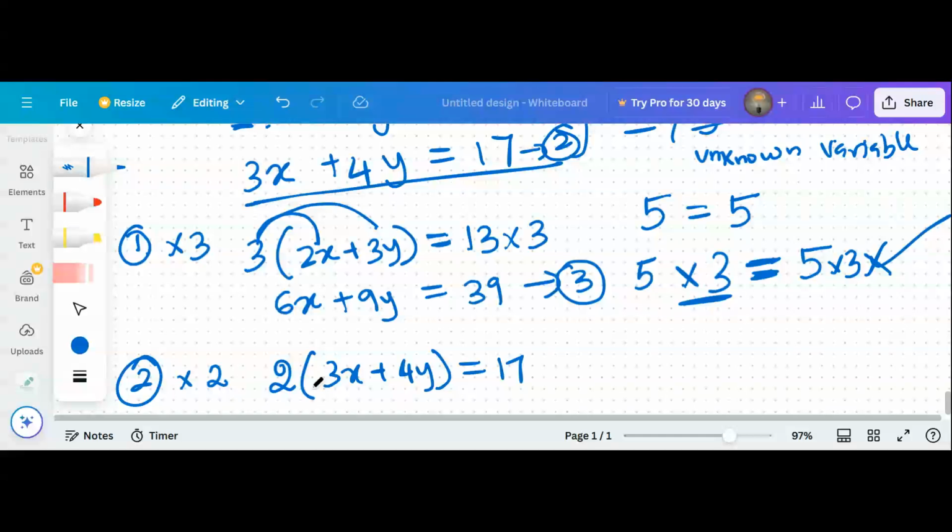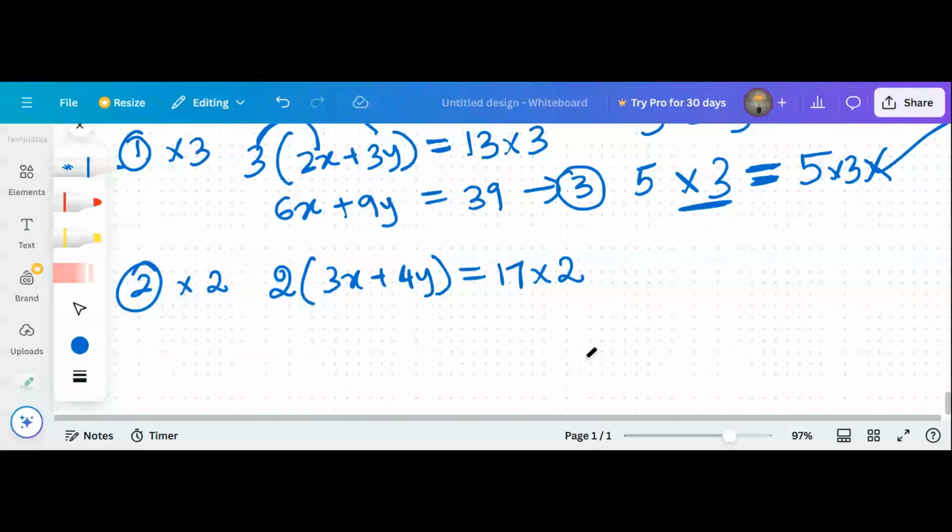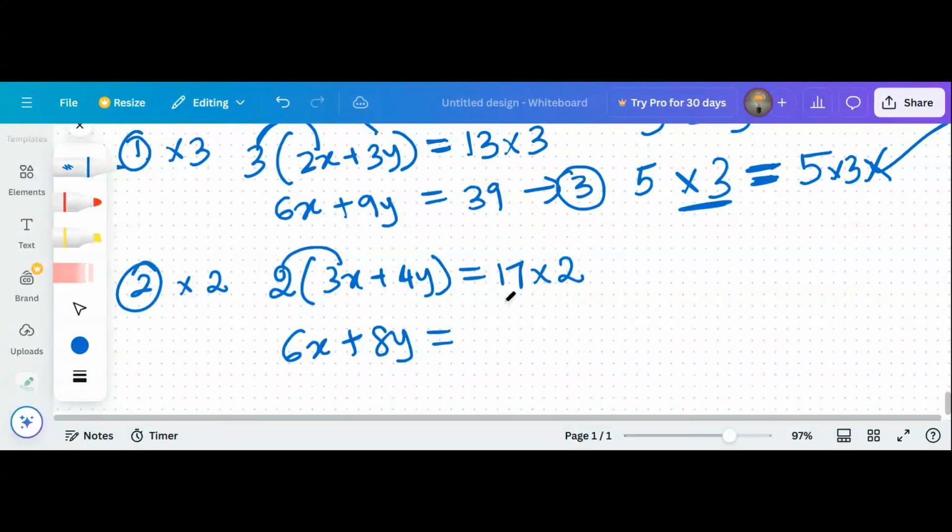Whatever you do in the left hand side, you have to do in the right hand side. So 2 into 3x is 6x, plus 2 into 4y is 8y, is equal to 17 into 2 is 34. Let's say this is equation number 4.